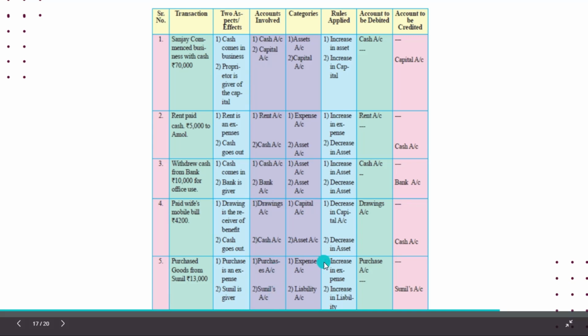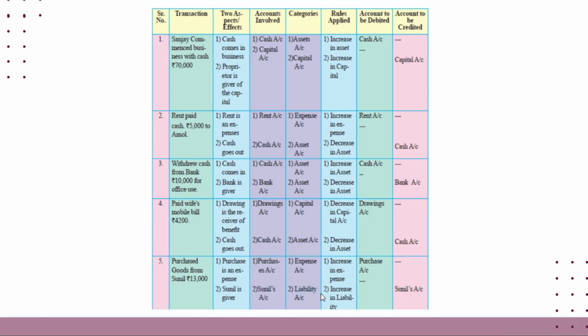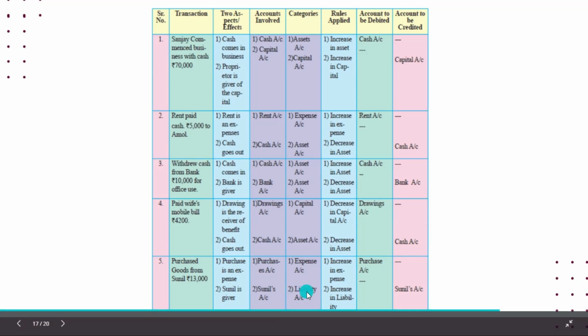Purchase is an expense, so expense account. Sunil's account here is a liability. Why liability? Because you are supposed to pay amount to Sunil. You as a business have purchased goods from Sunil, so you have to pay back to Sunil in future. Hence it is a liability account here.